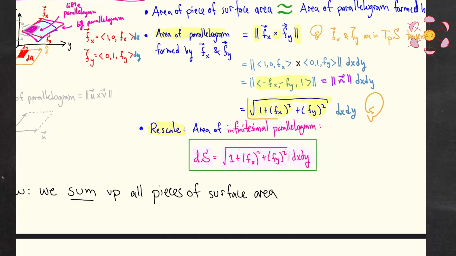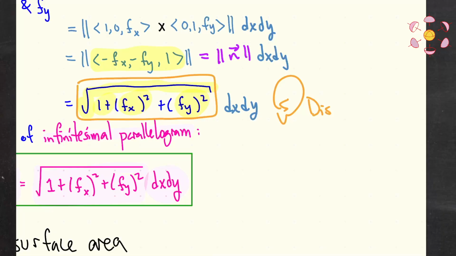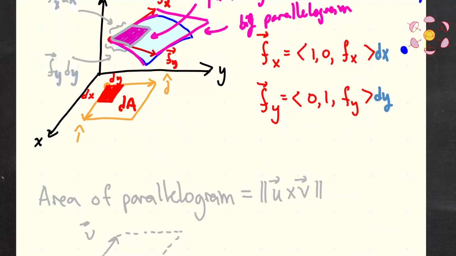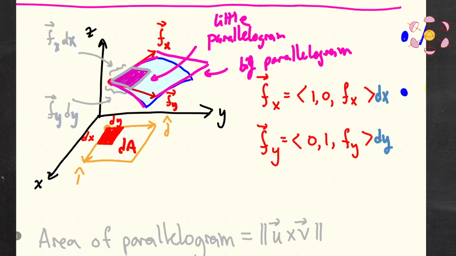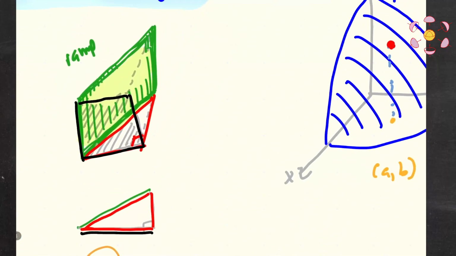The way I like to think about this is I like to call this expression right here the distortion factor. So what does my terminology mean here? This is where we go back to essentially what is the difference between that flat rectangular area, that's the red part in the picture, versus the parallelogram that's in 3 dimensions that could be distorted. And again, the intuition is just go back to this kind of ramp example.